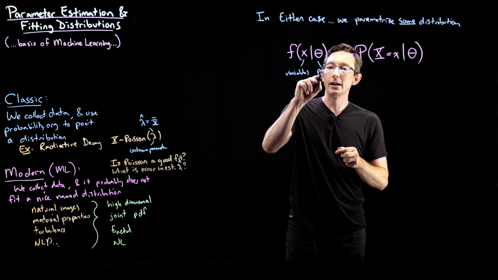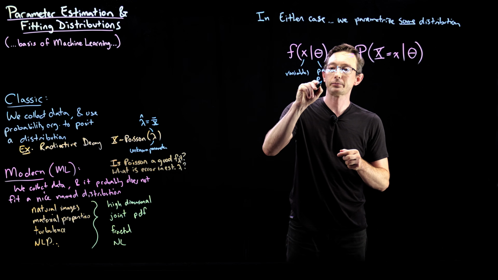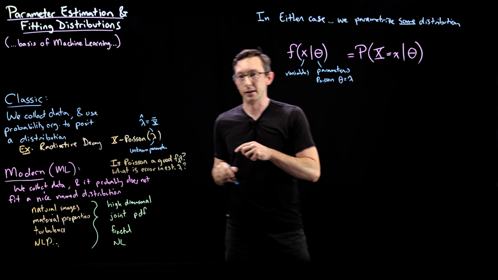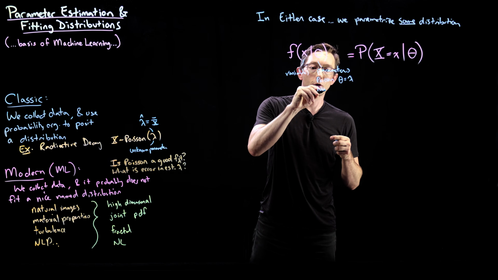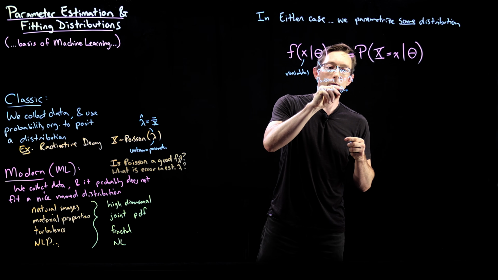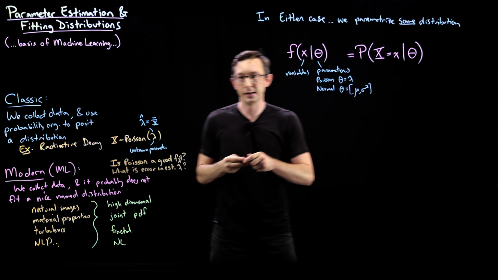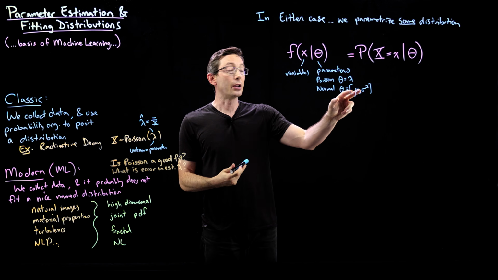So for Poisson, theta is our lambda value. For a normal distribution, theta would equal a vector of mu and, let's say, variance. Okay, so whatever your distribution is, you can parameterize it.